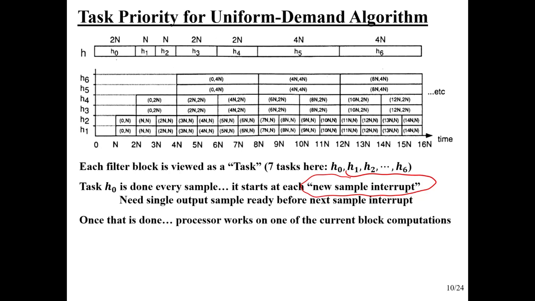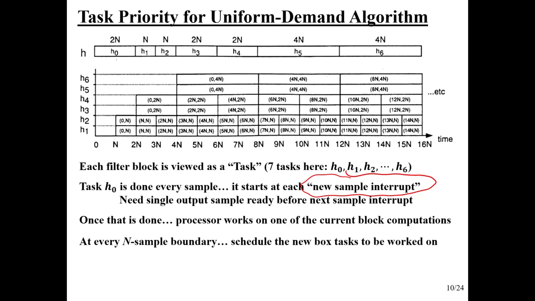So then I can start working on one of the block computations, and I should start doing whichever one is the most important, whichever one needs to be done soonest that isn't already done. So at every sample, or every boundary here, n, 4n, 5n, 6n, I get new boxes that come into play. So by 5n, I need to be finished with both of those.